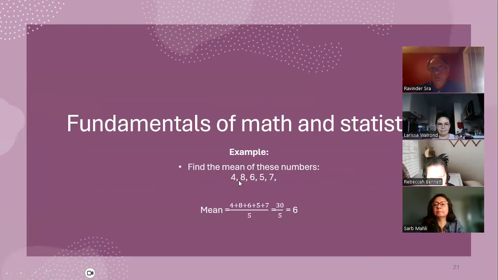Example: 4, 8, 6, 5, 7. The total number of values is 5. First, add all these: it is 30, divided by 5, and the answer is 6.